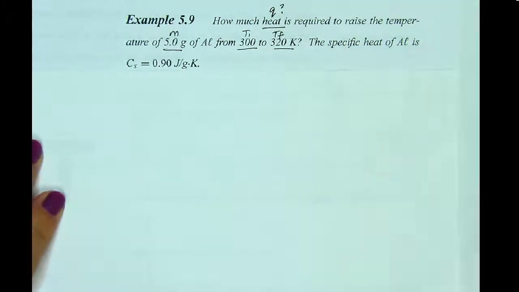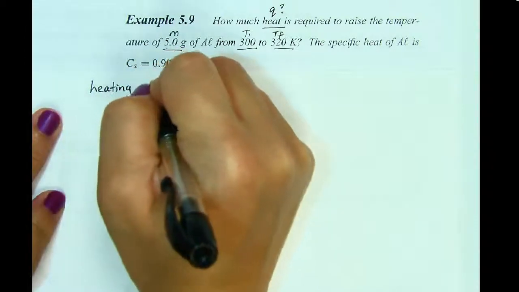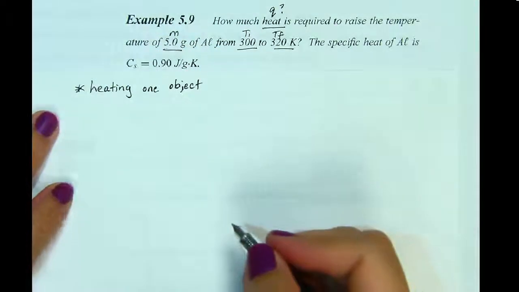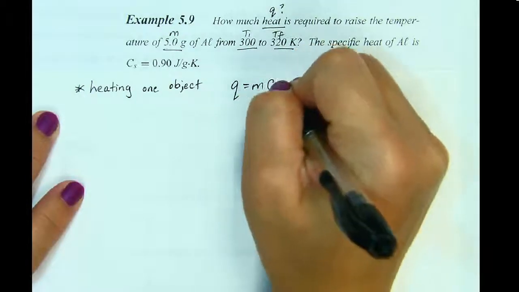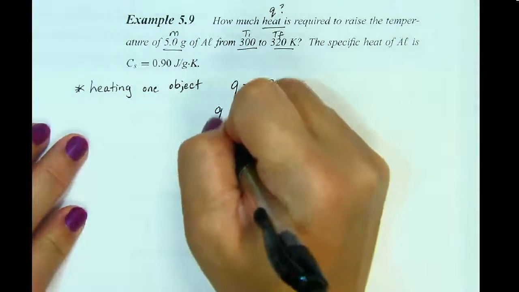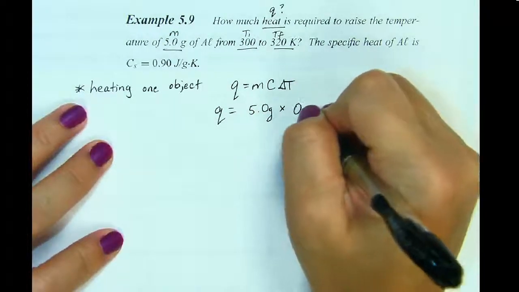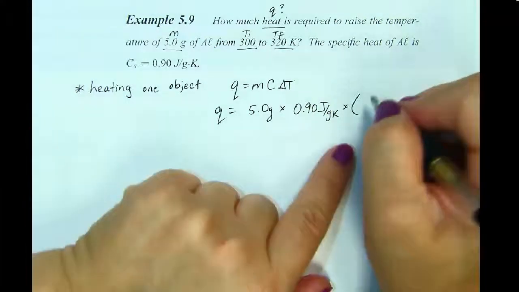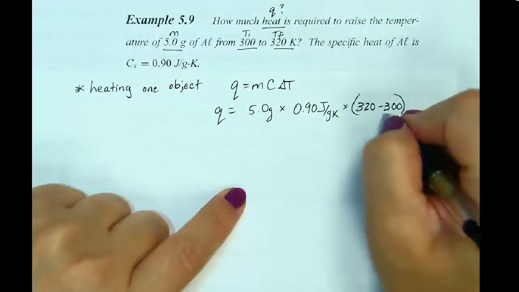So this particular example is heating one object. We're going to have a lot of different scenarios, and so I like to identify the scenario that we're looking at. And when you're heating an object, we just use Q equals MC delta T, Q equals MCAT, and so we're solving for Q, where we have a mass of 5.0 grams times a specific heat of 0.90 joules per gram Kelvin times, and we'll do final temperature 320 minus initial temperature, which is 300, and this is Kelvin here.